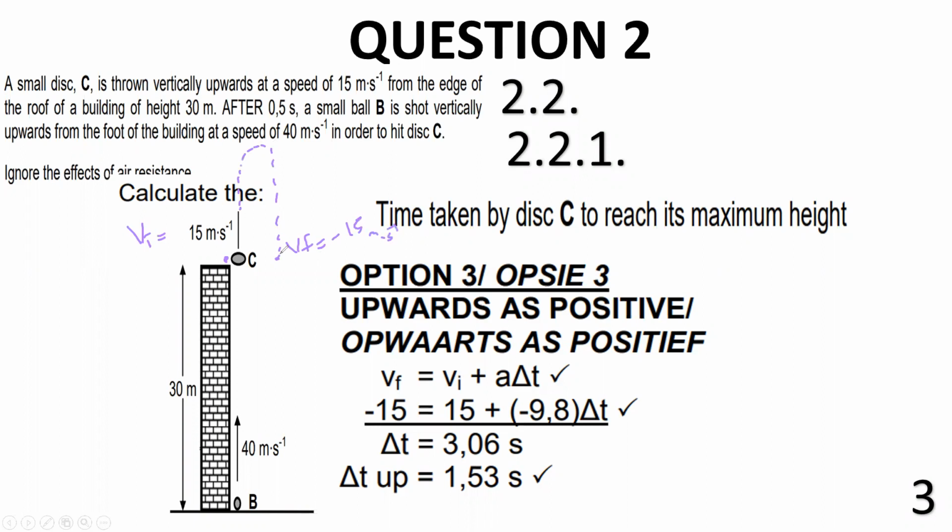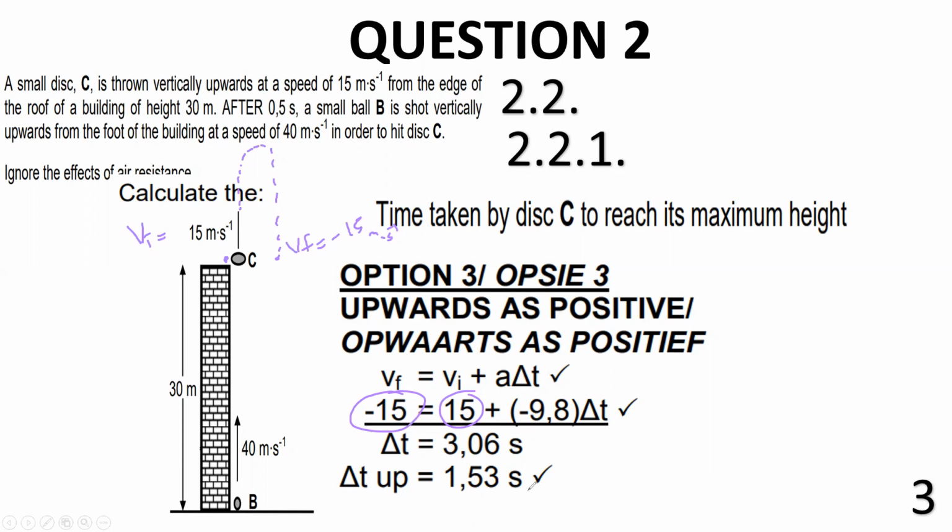But please remember, now we are calculating the object going up and coming back, total. So when you calculate with this formula, negative 15 and 15, you're getting 3.06. So this is not your final answer because we are looking for only how long it's taking to go up. So divide by 2. Just calculate, divide by 2, and then you get your answer: 1.53.